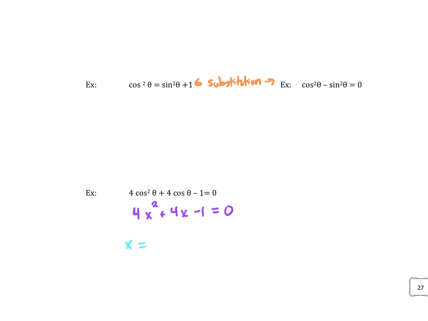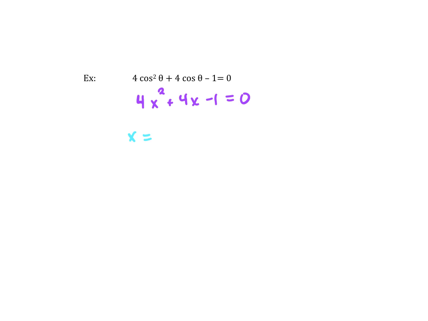Okay, all right, and then let's take a look at this one. I rewrote using just algebra so that you could see that. And what I need you to notice is that that does not factor. So if we have a quadratic equation that does not factor, how do we solve? Quadratic formula. So this would be a bonus type question.